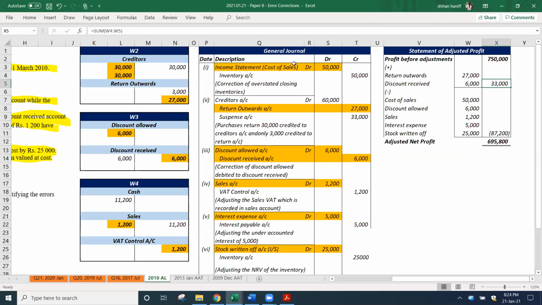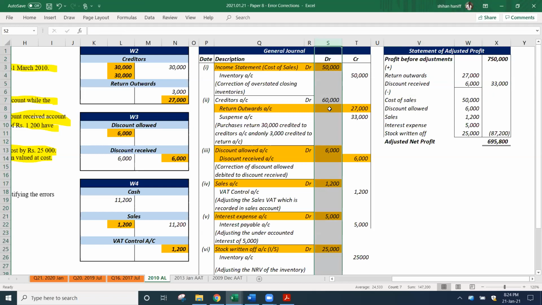So we use the technique. The easiest way is whatever income or expense, credit means it is plus. Income credit means income increase. Expense credit means expense decrease. When the income increases or expense decreases, the profit will increase. Right? Debit means expense increase is debit.